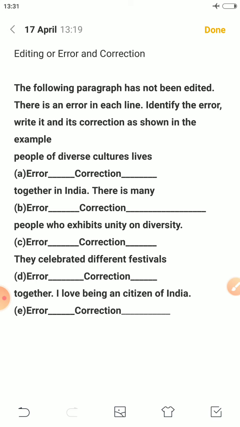If you read one whole sentence, then you will definitely get some idea. Then you go one by one. Where is the error in the first line, you will try to understand based on the sentence, time and tense, preposition, and article. You find out what kind of error and correction it is.